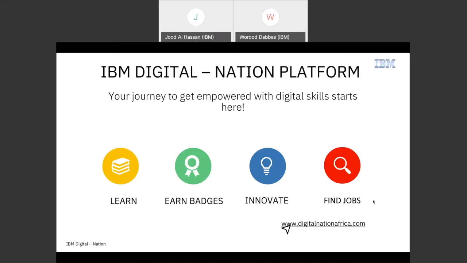And you can achieve a badge after completing a course from the 3 journeys that we have and share it on your social media. And you can get the chance to use our IBM Cloud Lite account. That will give you the chance to develop your solutions and share them with us. And eventually you can find jobs through our tools.